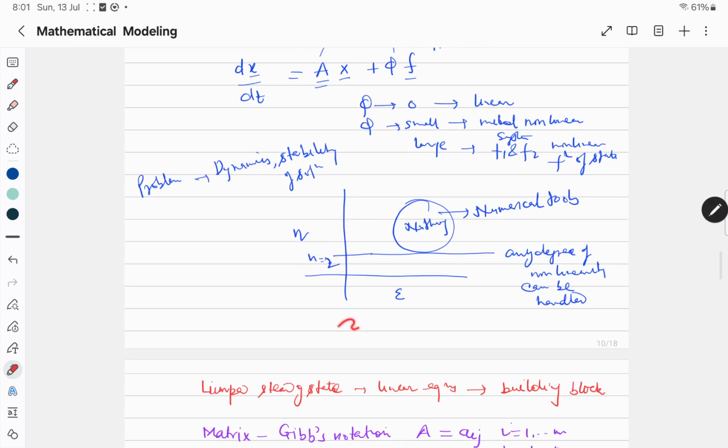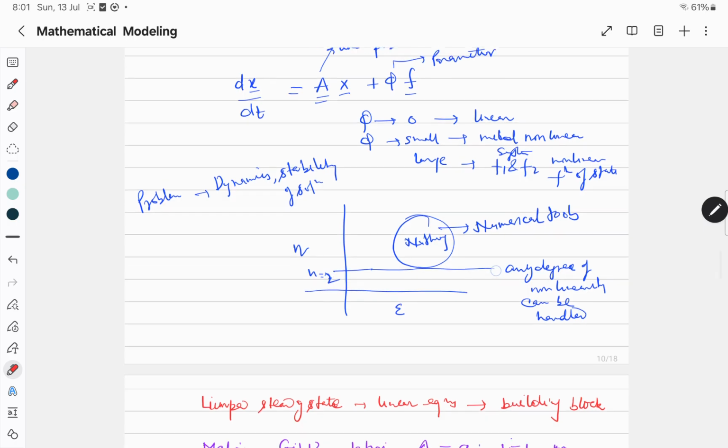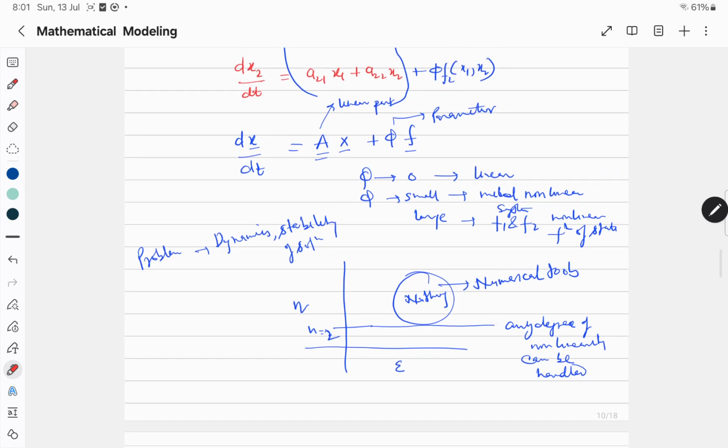Now you can draw the graph also. So let's say n is equal to 2. If you draw the curve, for n equal to 2 you can handle any degree of non-linearity.